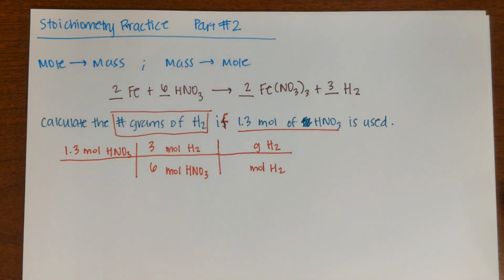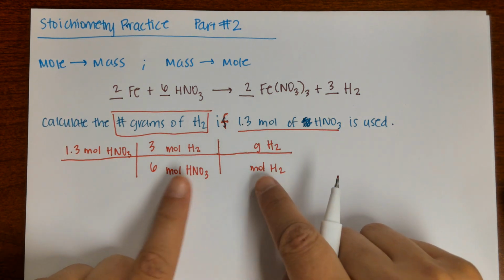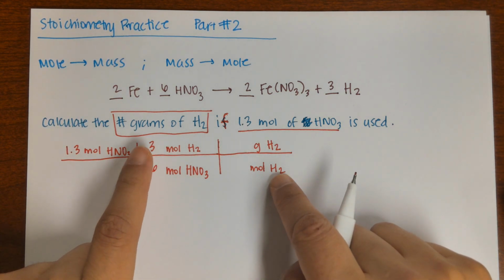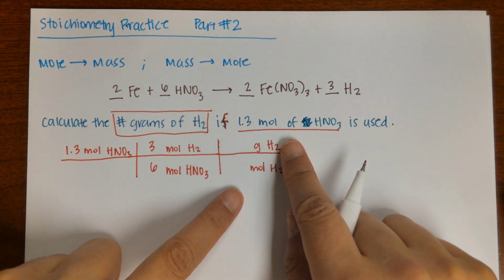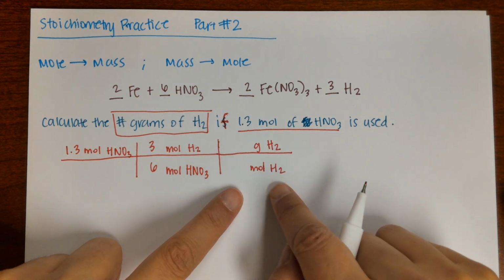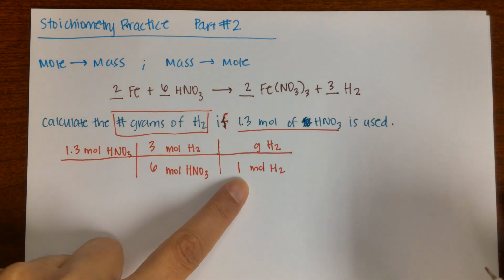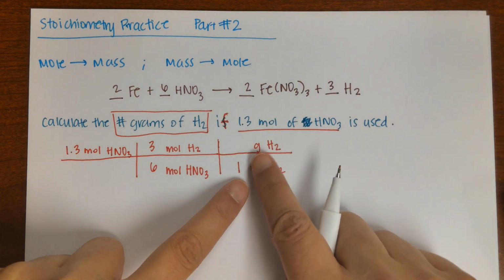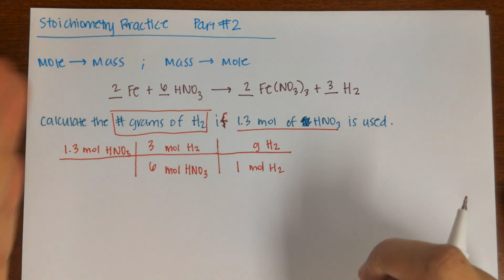So units are pretty much done, and then you have to be careful on this last step of the numbers. It's very tempting to say, oh, mole of H2, I need to put a 3 here. No. Whenever you have grams of anything, whether the grams is on top or on bottom, the opposite side is always 1 mole. Because the grams of any compound or element is the molar mass, and the literal definition of molar mass is grams per mole.